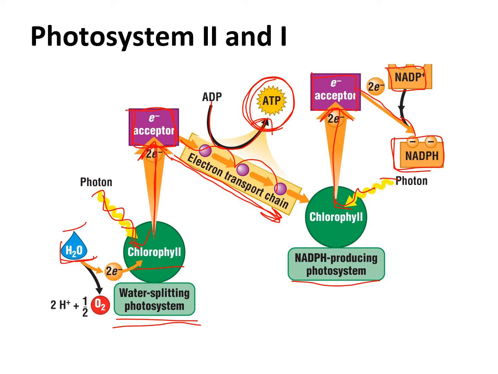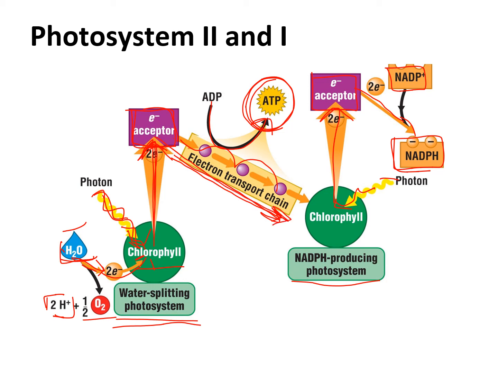When water is split, oxygen gas is released, and that's the waste product of photosynthesis. And then electrons are removed from the hydrogen atoms, leaving protons, which are called hydrogen ions. So the electrons come from the water, are transferred to the chlorophyll, and then as they're excited by photons, they move up to the electron acceptor, down the electron transport chain.